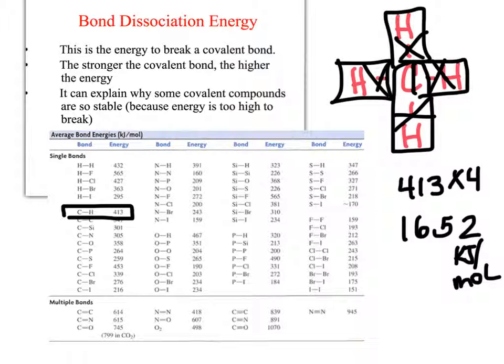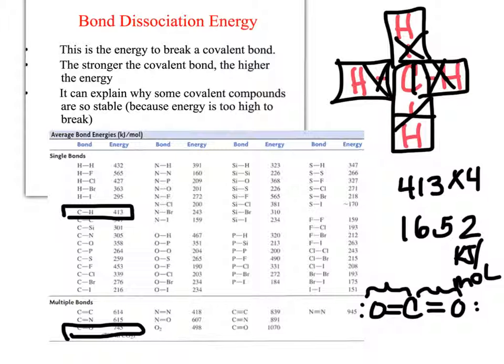Another example of this that we did in class was carbon dioxide. If you draw carbon dioxide, it looks like this. So if we wanted to break carbon dioxide down, we know that we would need to break 2 carbon-oxygen bonds. Not just carbon-oxygen bonds, but carbon-oxygen double bonds.